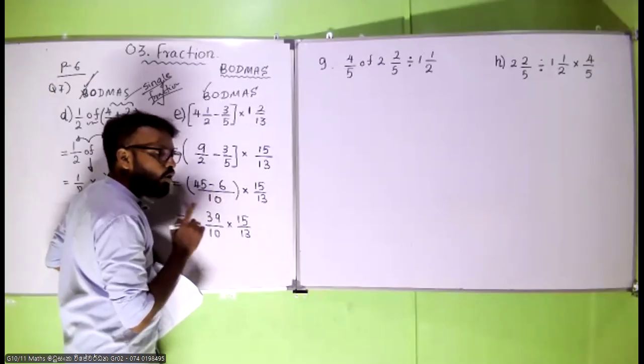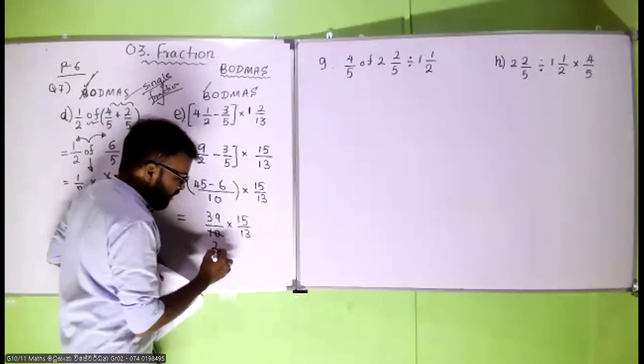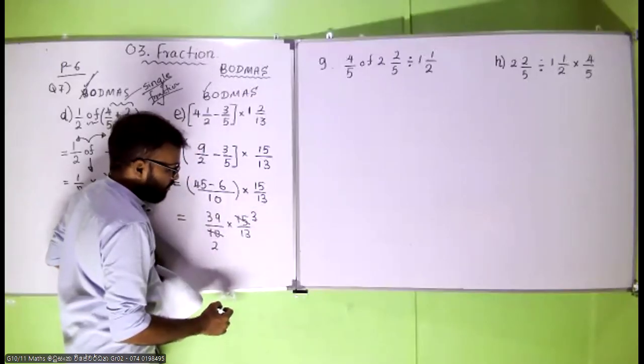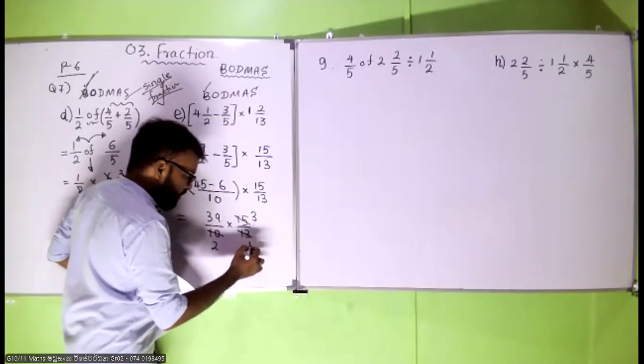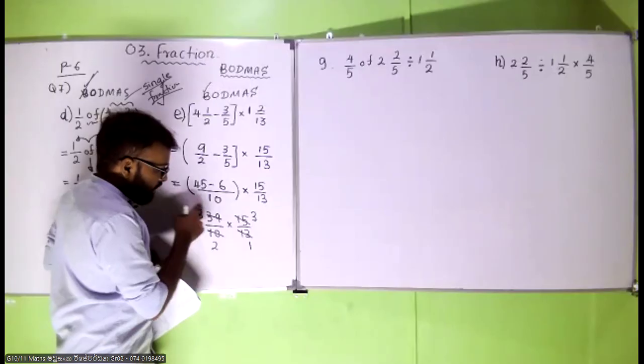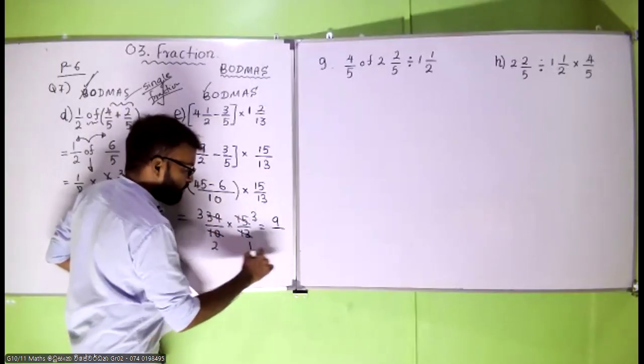Can you find any common factors? Yes. 5 times 2, 10. 5 times 3, 15. 13 times 1, 13 times 3. 3 times 3, 9. 2 times 1, 2.